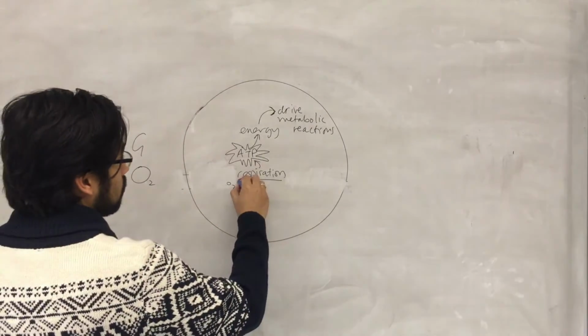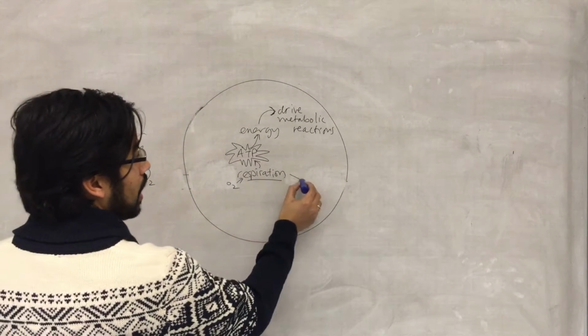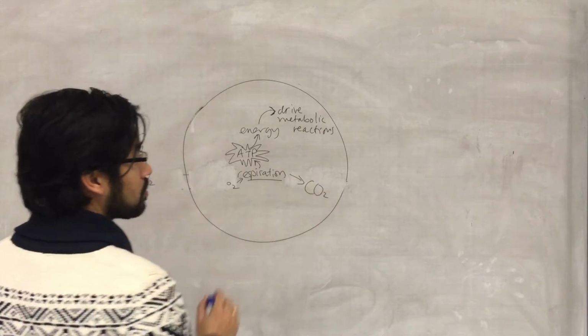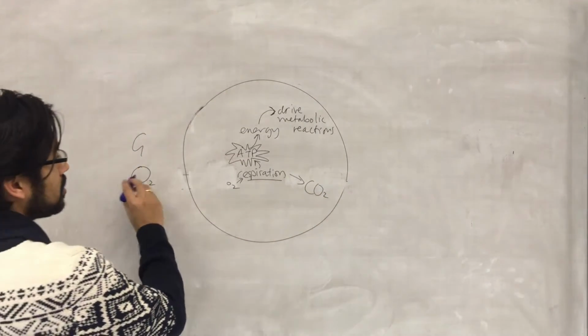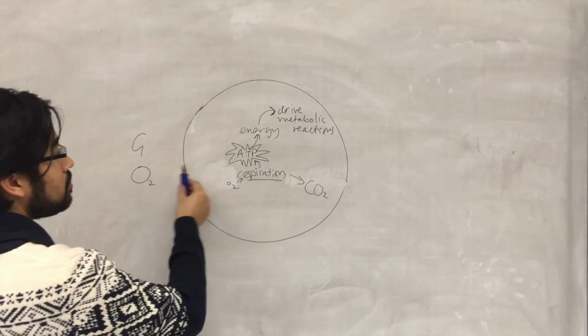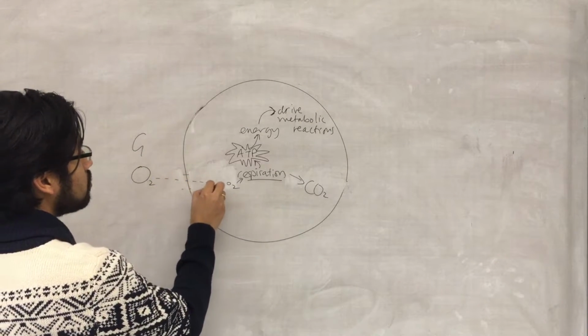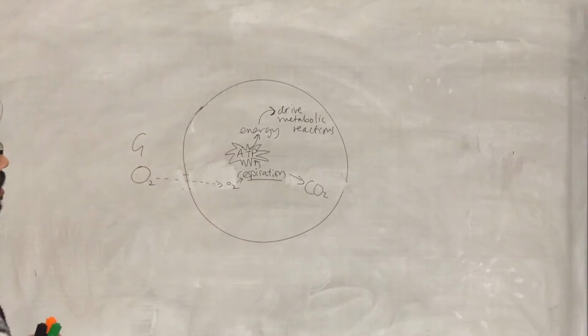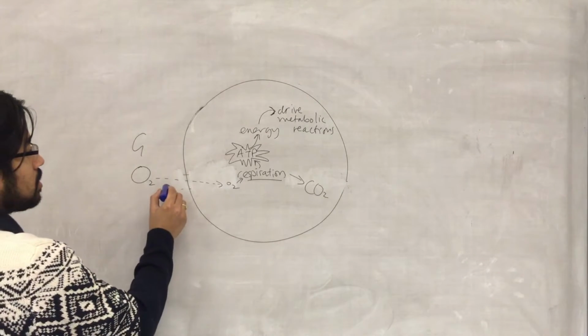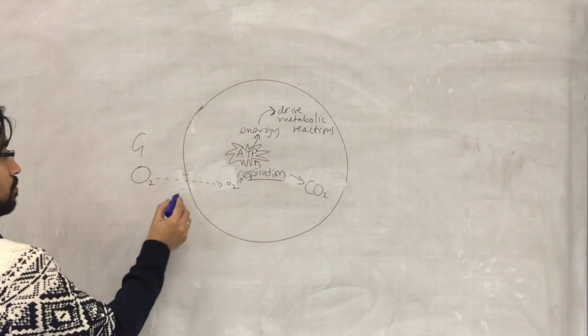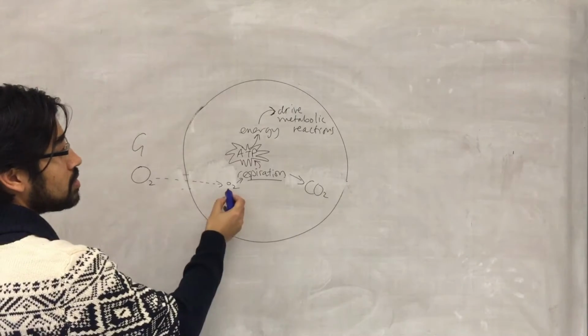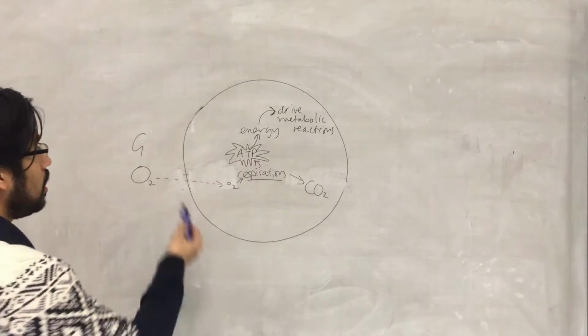Remember, oxygen is going to go in this process, and carbon dioxide is going to come out. So oxygen has a concentration gradient. It will diffuse, and I'll show diffusion as a dotted line. So oxygen diffuses into the cell.